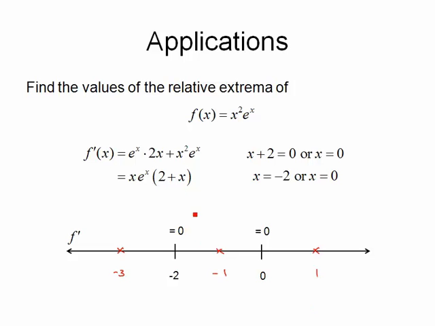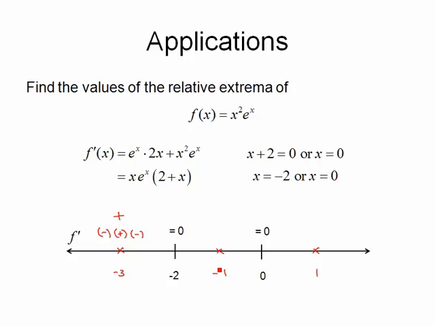So if I put negative 3 into each of these three factors, negative 3 into x is going to give me a negative. E to the negative 3 is always a positive number. And 2 plus negative 3 is negative. So I have negative times a positive times a negative. That gives me a positive.